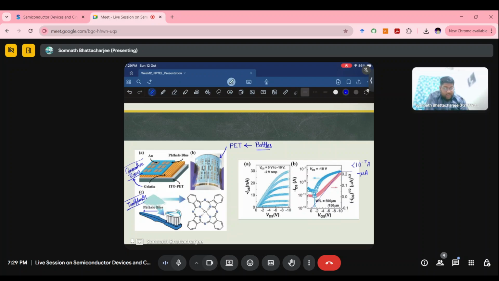Based on this, we can see that the threshold voltage, VTH, is very low, although the mobility was not that good. But these devices are completely biodegradable.